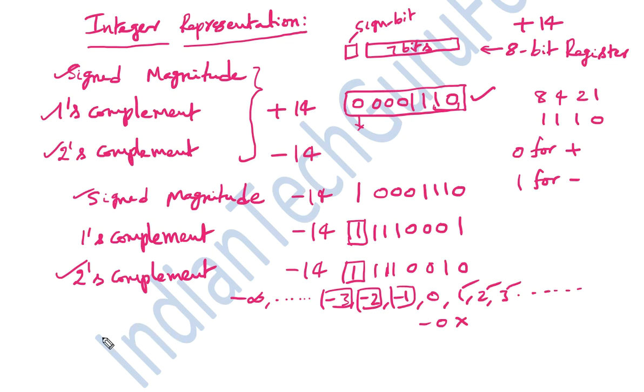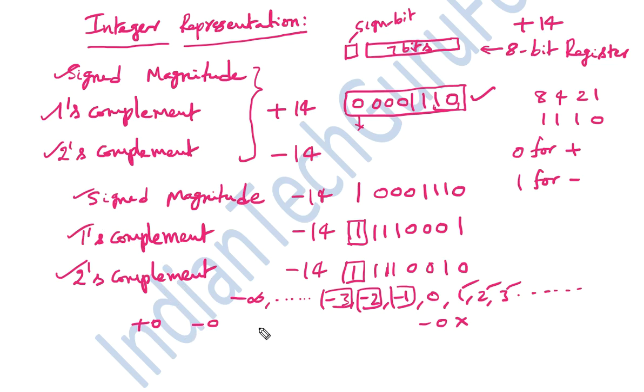If you consider the signed magnitude representation or ones complement representation, there are two representations for 0. You can represent a plus 0 as well as a minus 0 in signed magnitude as well as ones complement representation.